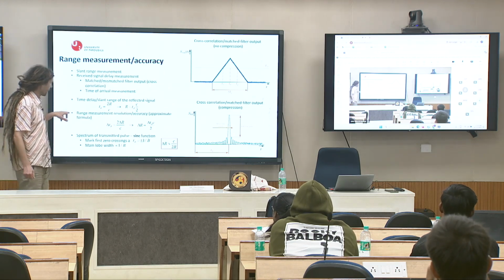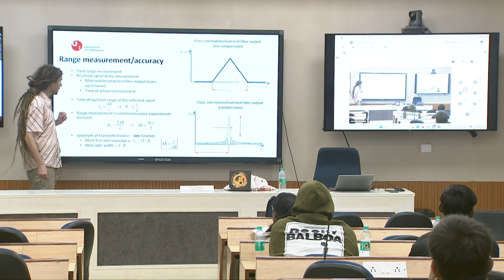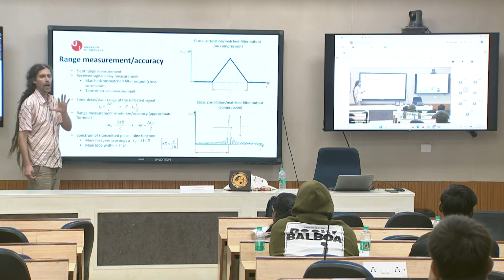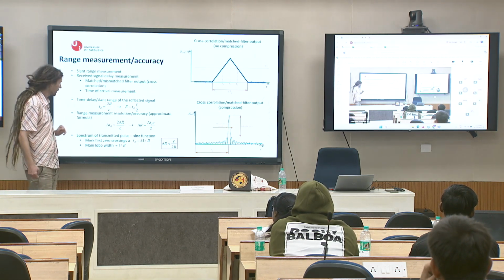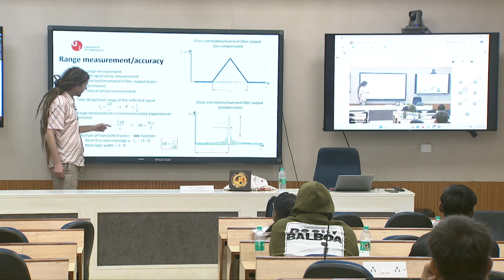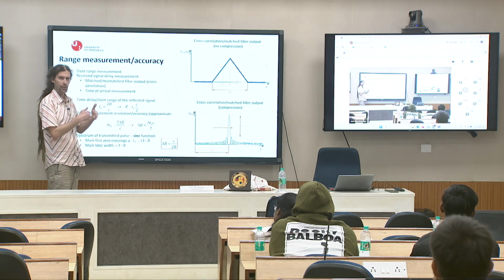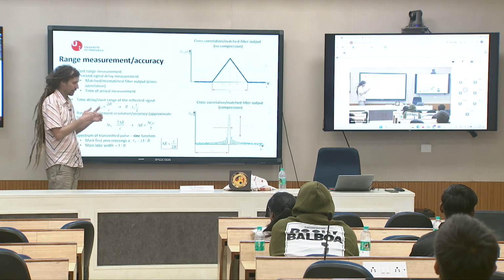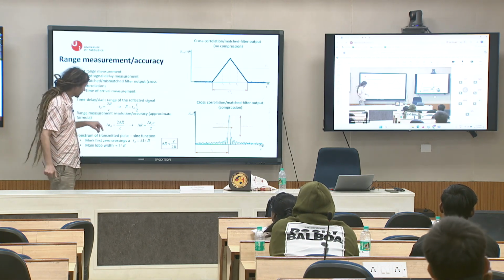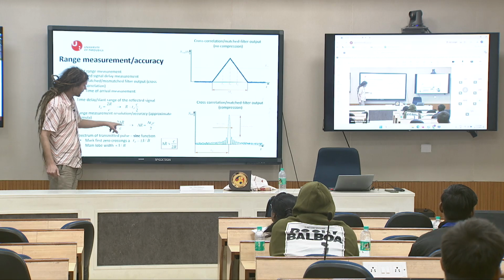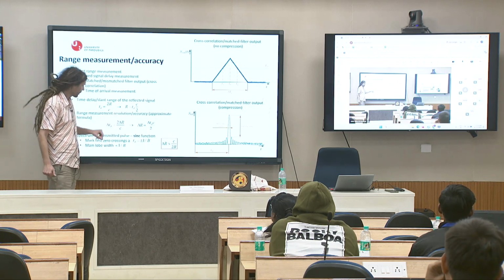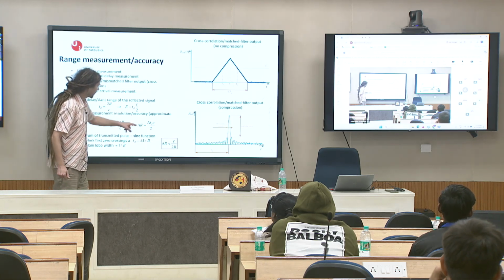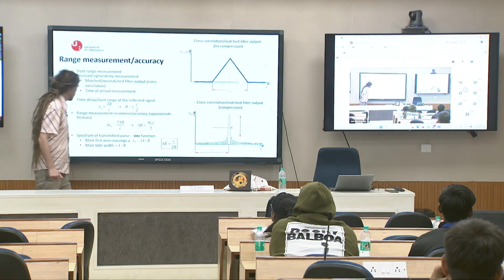Easy. What is range measurement resolution or accuracy? It is an approximate formula. It is delta TD, the difference between two targets, exactly. It is 2 delta R, the resolution in range, divided by c, and I could convert it to this one.